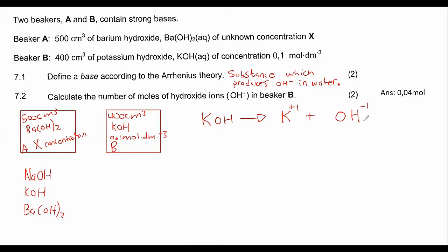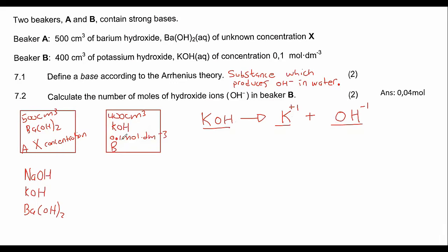The reason I'm doing this, guys, is that you can realize that this equation is already balanced. So the mole ratio of potassium hydroxide is 1:1 with potassium and also 1:1 with hydroxide. It won't always be like that, so it's very important that you look out for that first.